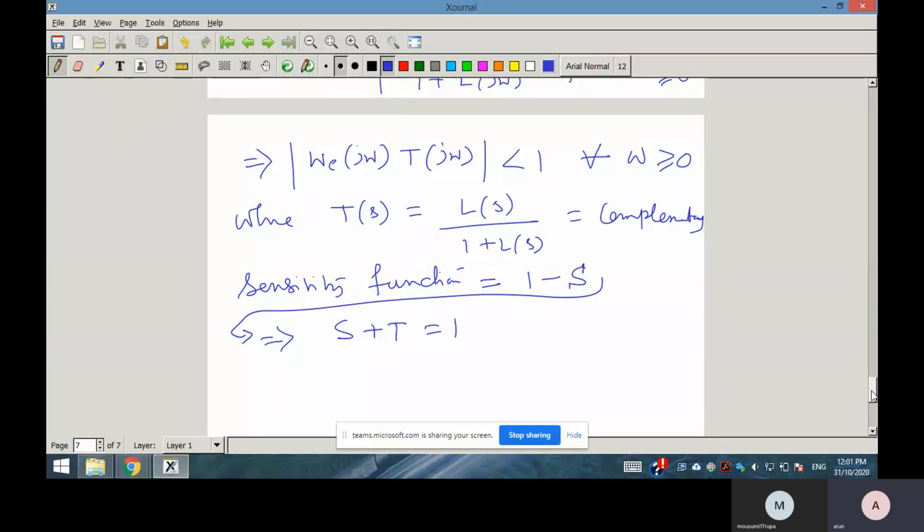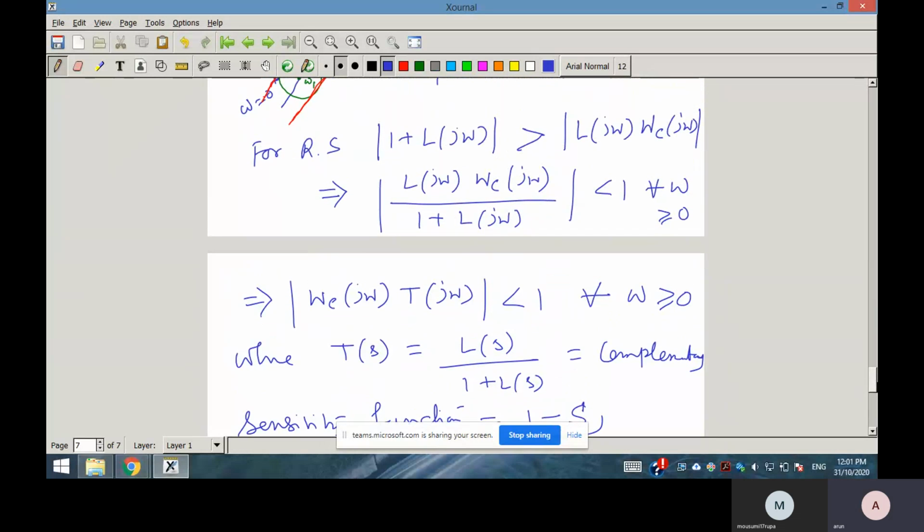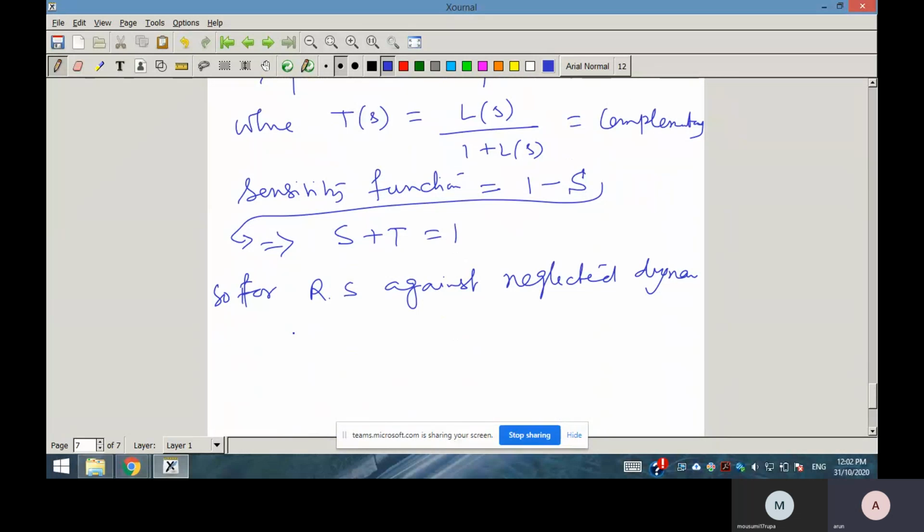So for robust stability against unmodeled dynamics, against neglected dynamics, what should one have? One should have T of j omega lie below 1 by WC j omega for all omega.